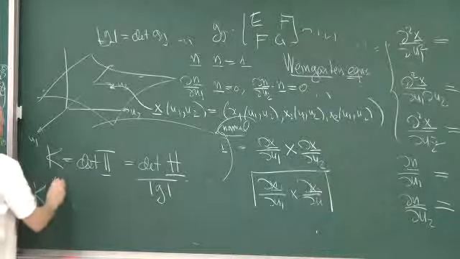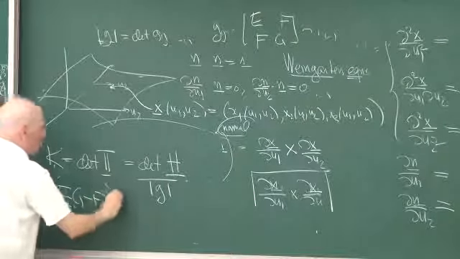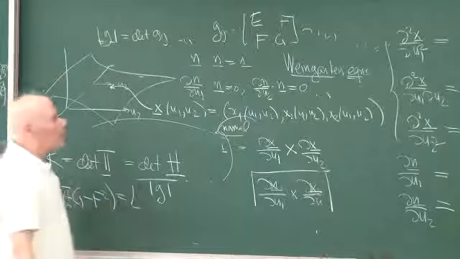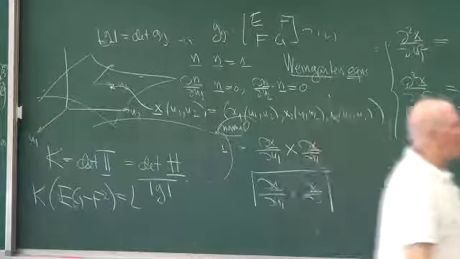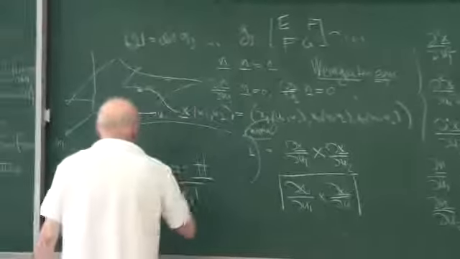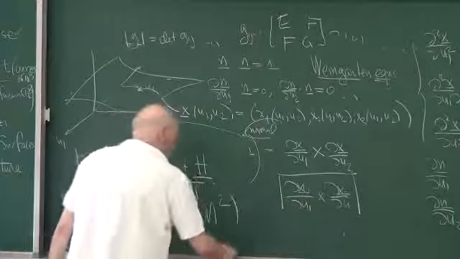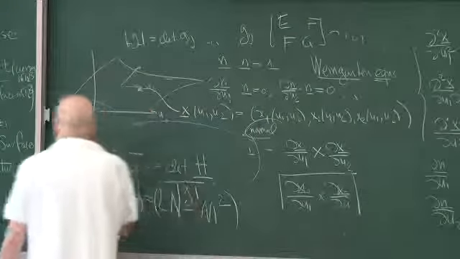So this is K(EG minus F squared) equals L, the determinant of H, which is LN minus M squared. So you put a box around that.